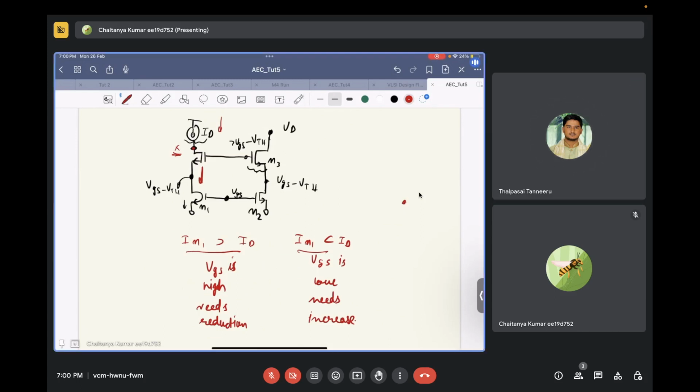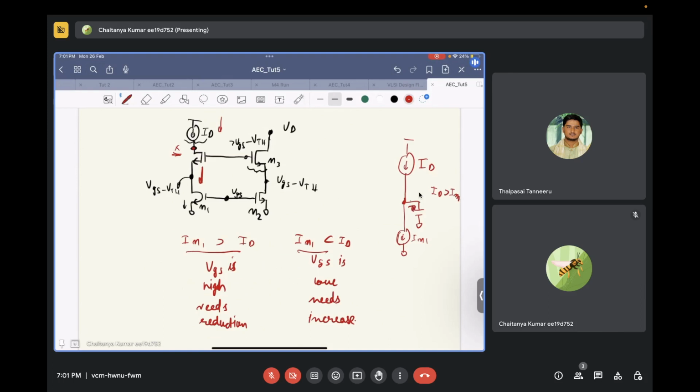Okay, so let's say this is a node with some parasitic capacitance. I am pulling a current of IM1 from this, and I am pushing a current of ID into it. If ID is greater than IM1, what will be the direction of the current flowing towards that capacitor?